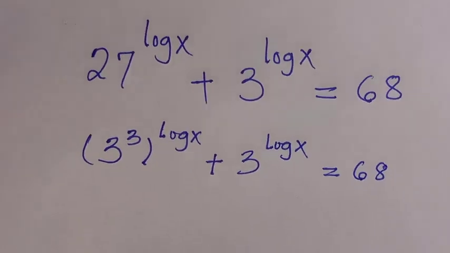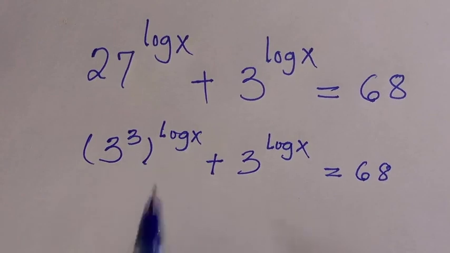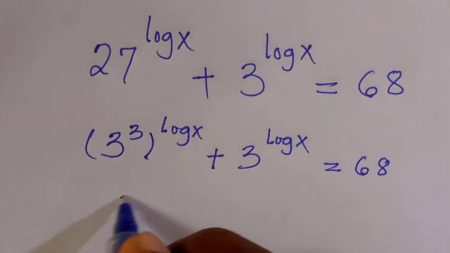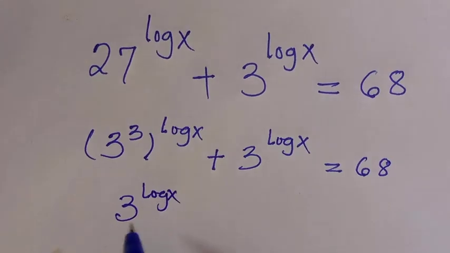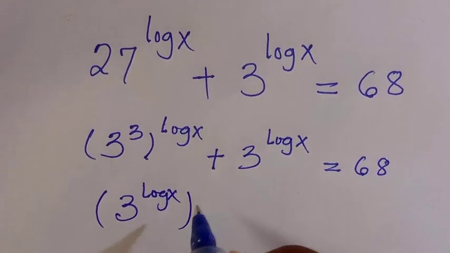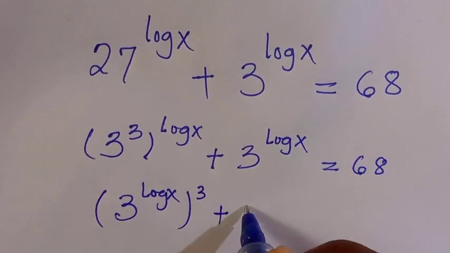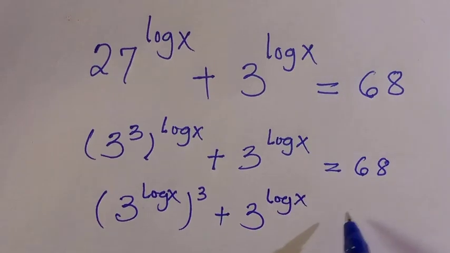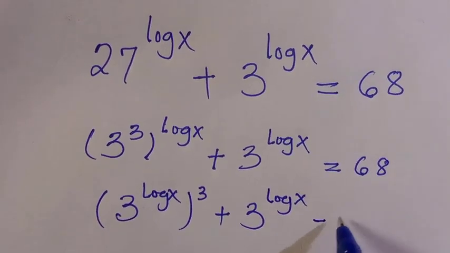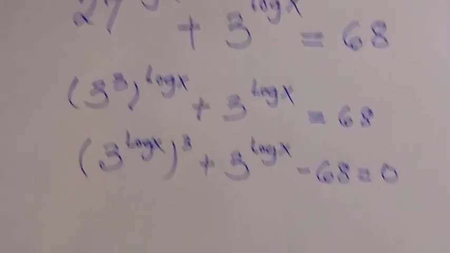By applying it in this, you can switch this one and it becomes 3 to the power of log x all raised to the power of 3 plus 3 to the power of log x, and by taking this one here we have minus 68 equals 0.